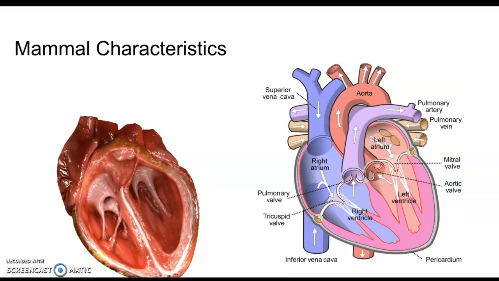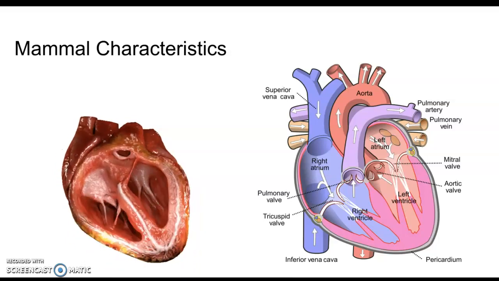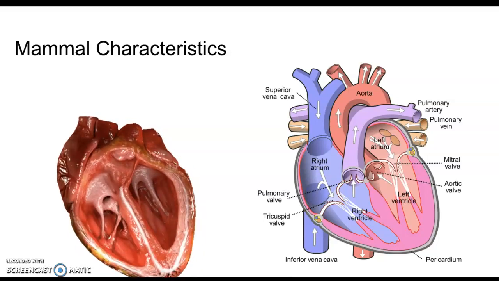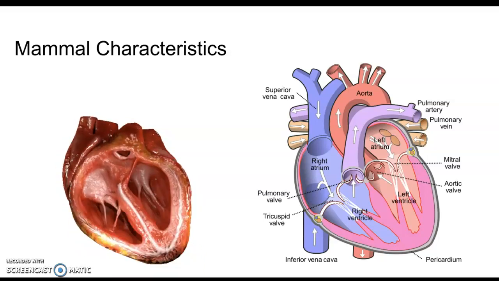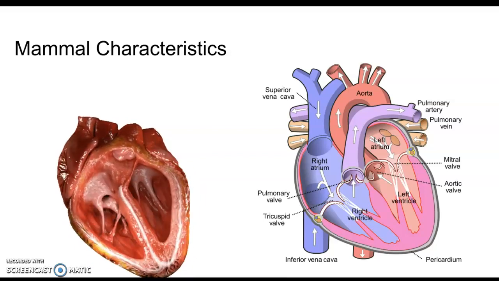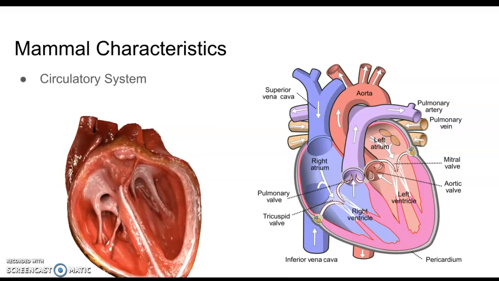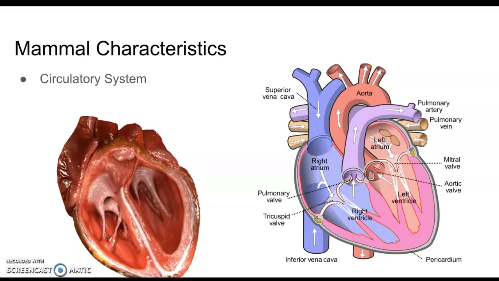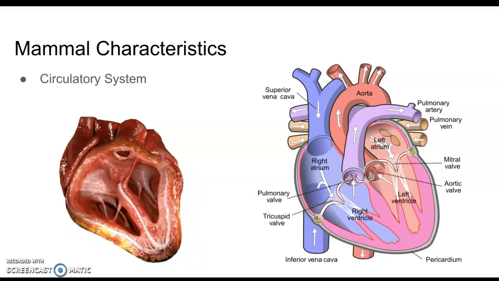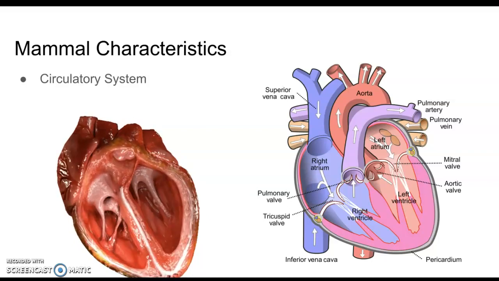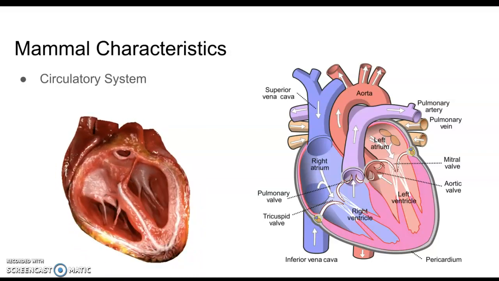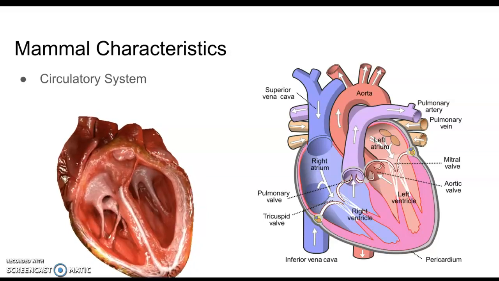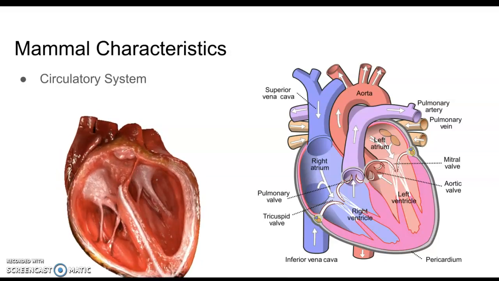Another thing about mammals, as you can imagine, mammals are the most complex organism. I think at this point you probably already know that. So another thing about mammals is that they have a very, very complex circulatory system that allows the heart to carry oxygen through a very, very complex system of veins and arteries throughout the entire body.